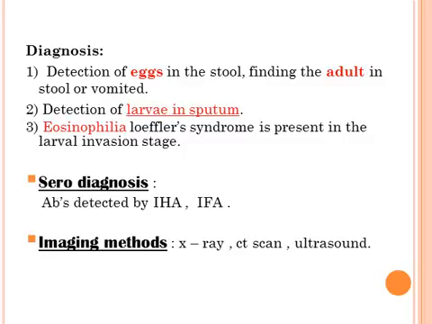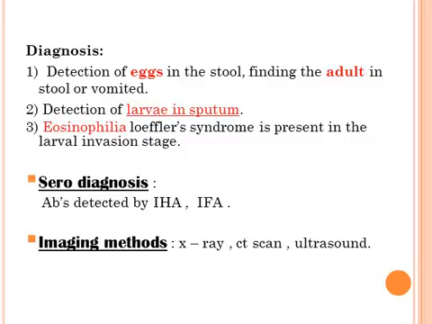Diagnosis: detection of eggs in the stool during stool examination, and finding the adult in the stool or vomit. So stool examination is one of the important tests for the eggs and for the adult. Detection of larva in the sputum during sputum examination. Eosinophilia, when there is an increased number of eosinophils, is present in the larva invasion stage.